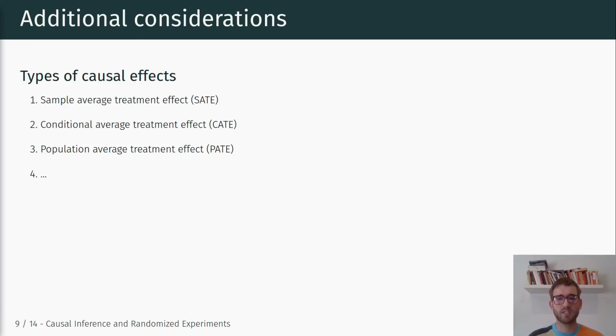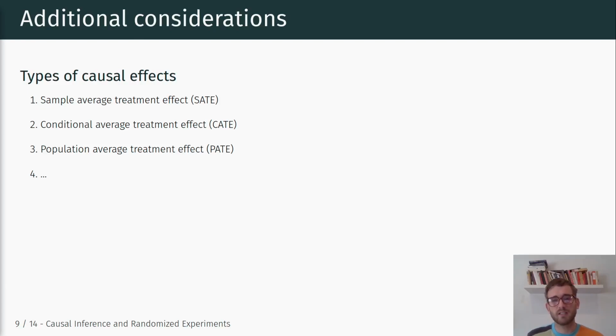Okay, and then last, the one thing that we talked about in the past when it came to representativeness and probability surveys was that our goal was always to make inferences about a larger population, right? So to the extent that our sample for our experiment is a perfect random sample of the population, then our sample average treatment effect is also an estimate of the population average treatment effect, right?